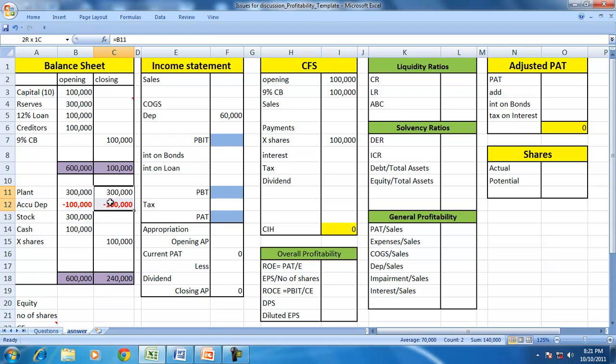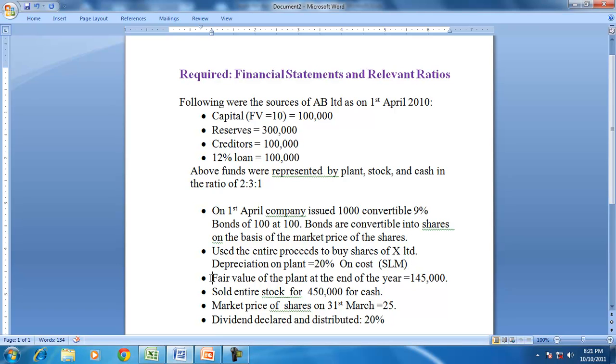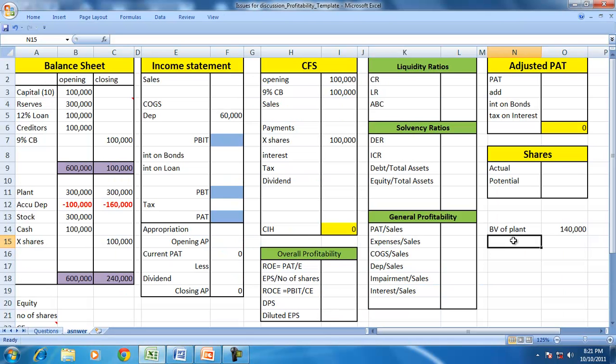So the book value of the plant is 140, and it is given that the fair value of the plant as of the end of the year is 145. Fair value of the plant is 145,000. So fair value is greater than the book value.